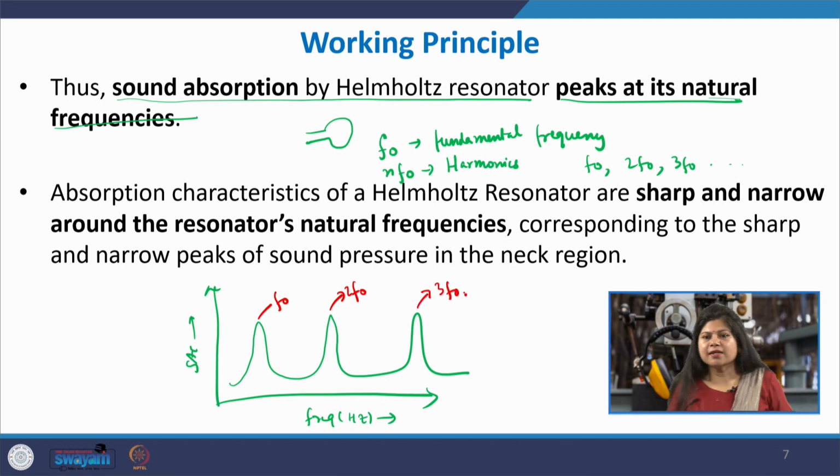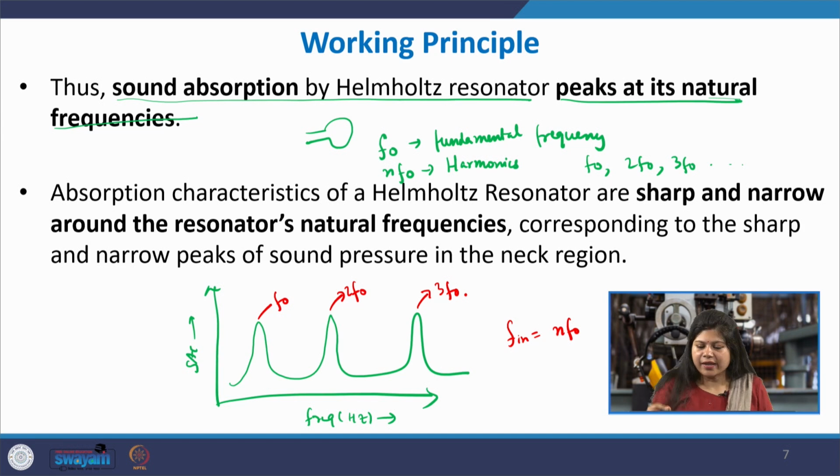Ideally, this should be the case, but most of the time, due to other factors, the SAC may not exactly resemble this. But because the phenomenon of resonance happens at specific frequencies, exactly when it is matching f naught, only in that small unique band where the incident frequency f is equal to some n times f naught, where the frequency matching is there, would you get resonance, and beyond that there is no resonance.